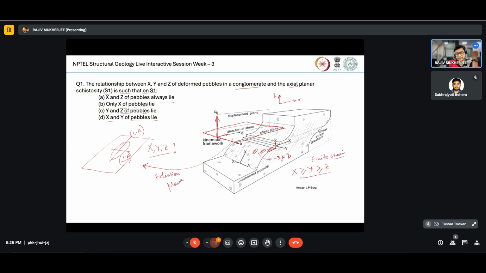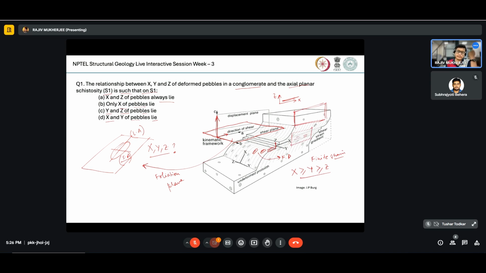So in that sense, the xz plane will always contain the maximum stretching direction and the minimum stretching direction, and that is why any section which is lying on the xz plane or which is parallel to the xz plane, here we will of course see the linear features.